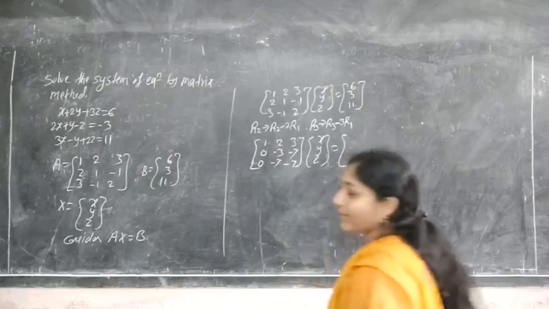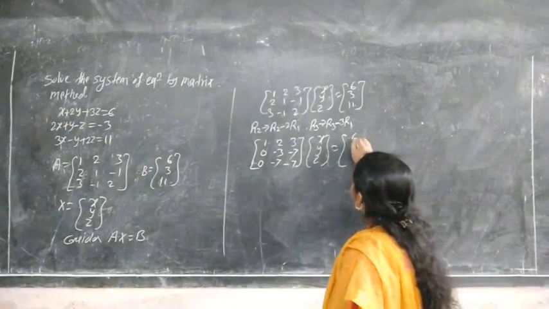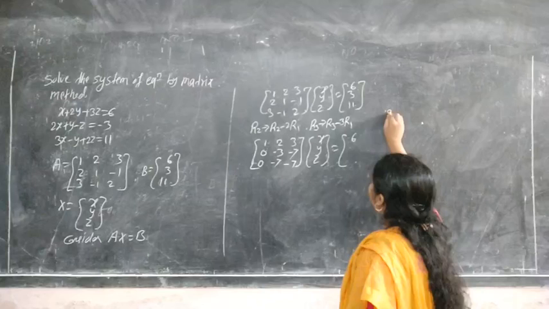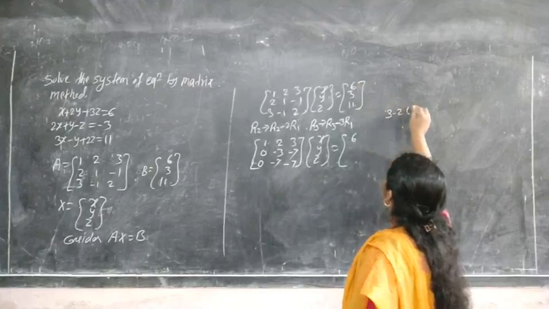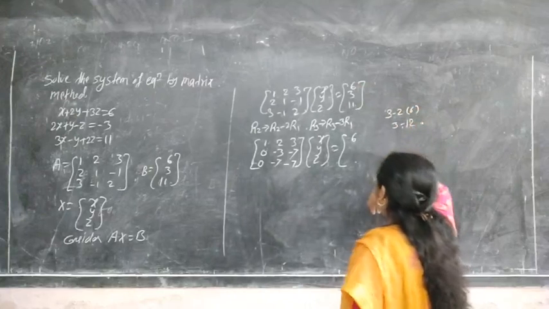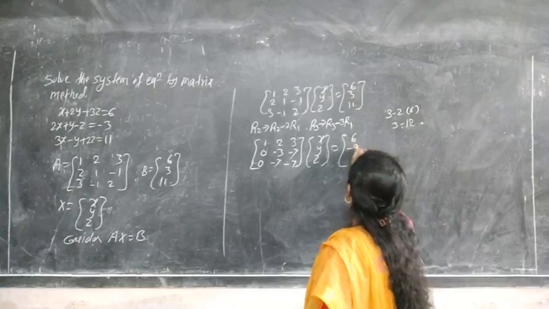Now apply the same elementary transformation to this matrix also. First row as it is. Second row is R2 minus 2R1. So 3 minus 2 into 6, which is 12, 3 minus 12 is minus 9.